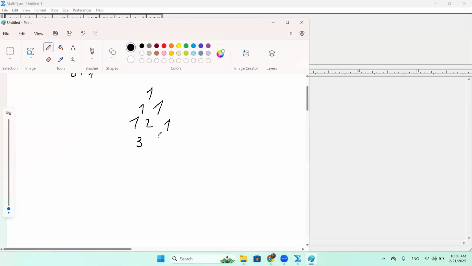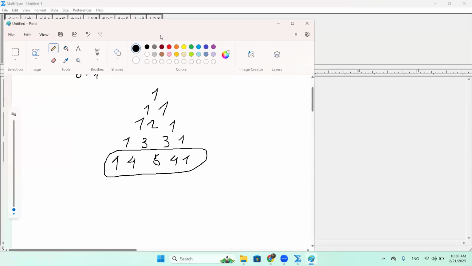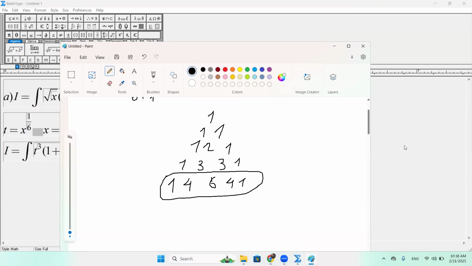We add 1 plus 1 here, and from the left and from the right, we always write 1. So these are the coefficients that we need for the polynomial. For not such big powers, we can use such an approach.